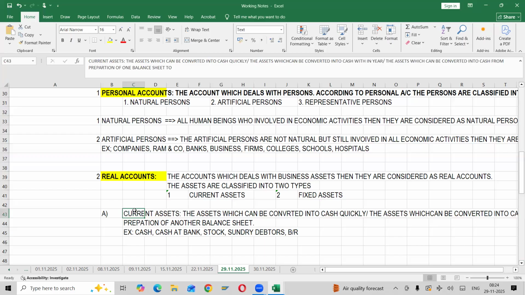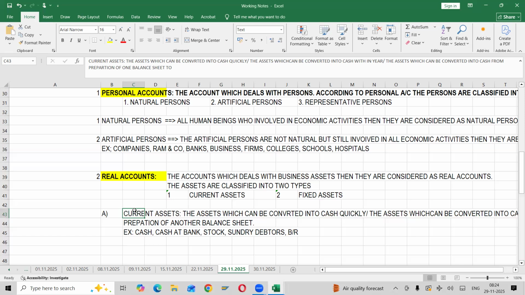So again, there is one question. Buildings, is it a current asset or a fixed asset? Fixed. Why? Can't I sell it within a year's time? You can, but it is a longer run. That's what I'm saying.